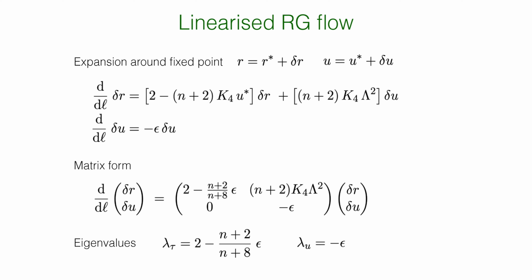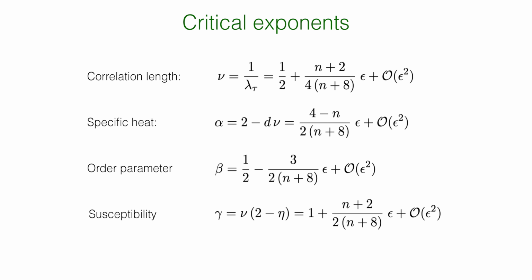Now, once you have the exponent, you just go back to your lookup table, which is really independent of the particular scheme that we use. And then you find nu is 1 over the exponent that we have for the flow of our relevant field that corresponds to the temperature. I expand this back up again, because strictly I have to do it in order epsilon.